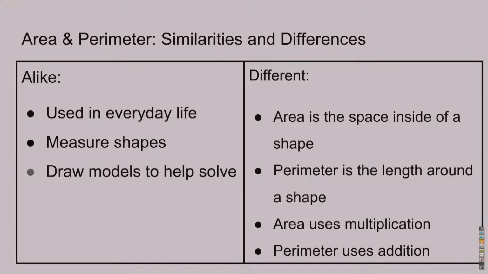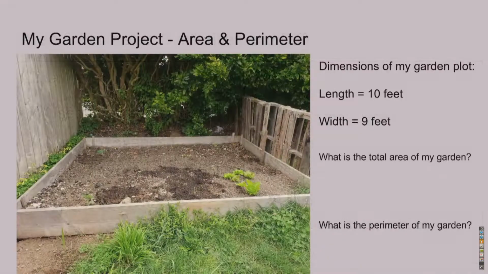They measure shapes, and you can draw models to help solve. Models are always really helpful for this. And the difference is the area is the space inside of a shape. Perimeter is a length around a shape. Area uses multiplication, and perimeter uses addition.